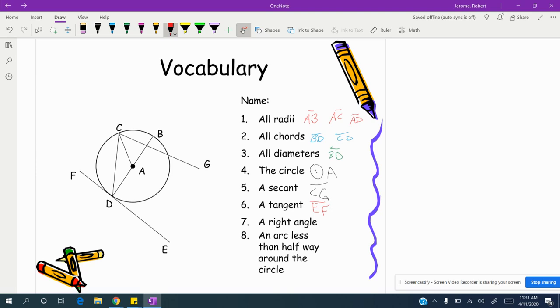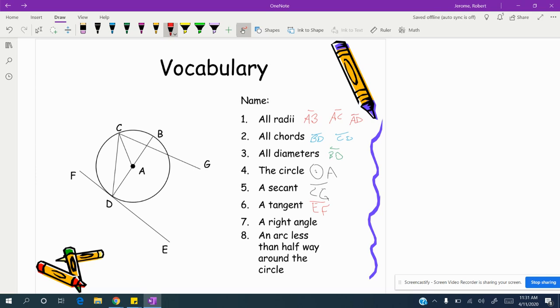In number 7, we're asked to find a right angle. Well, nothing in the picture is marked, but a right angle is always going to be where the tangent meets the radius, because remember, at the point of tangency, we will have a right angle. So we want to find that tangent and where it touches the radius.